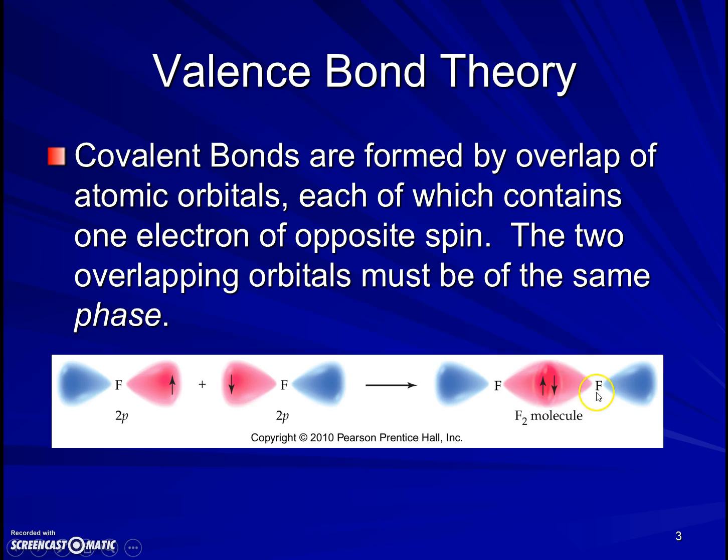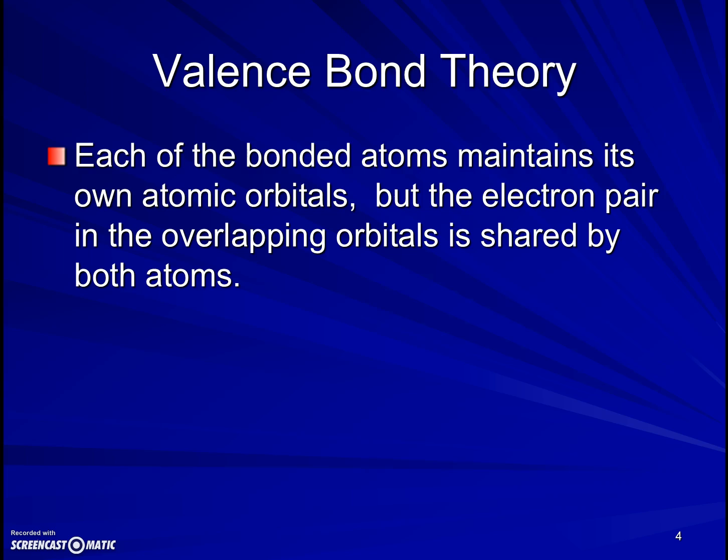But in order for two orbitals to overlap efficiently, either both sides have to be the positive phase or both sides have to be the negative phase. And that will give us an explanation for a lot of different kinds of single bonding, but not all. In the early parts of this theory, each of the bonded atoms maintains its own atomic orbitals.